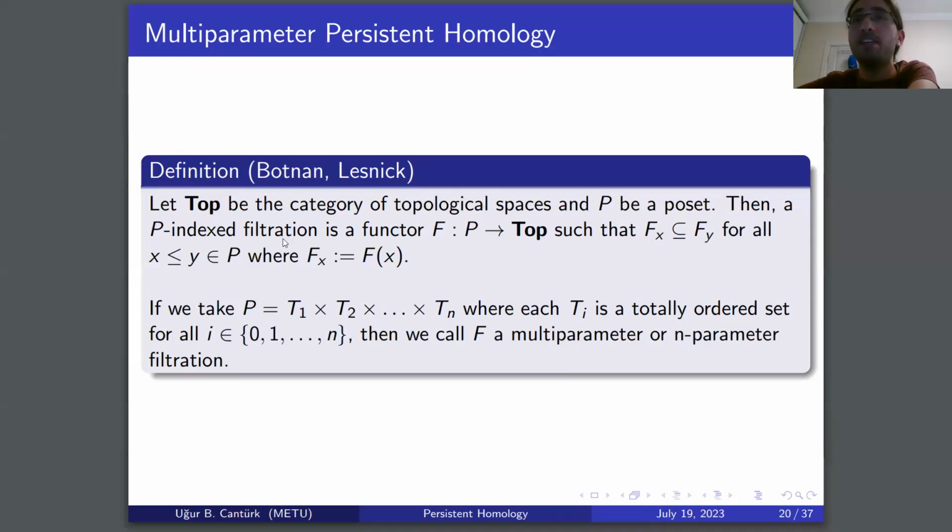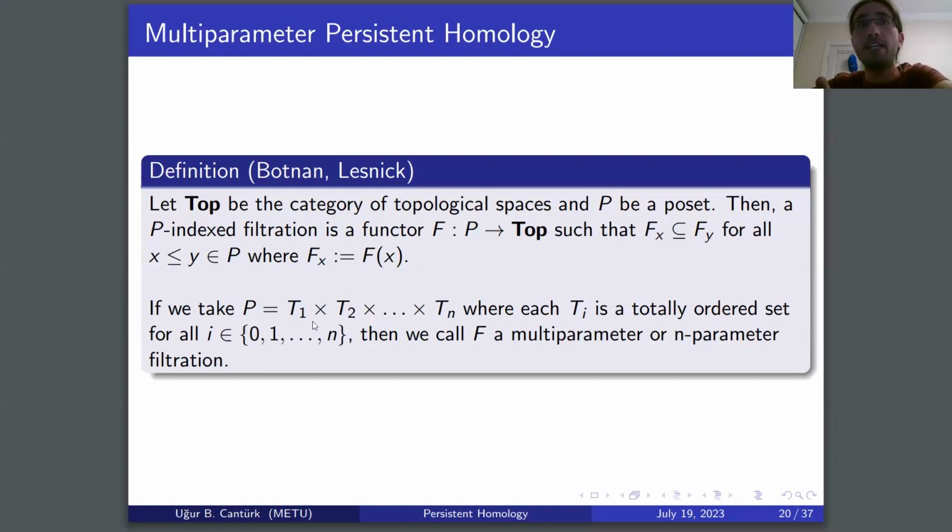Then a P-indexed filtration is just a functor from P to Top. And here, if x is smaller than y, then the corresponding F_x will be smaller than or equal to F_y, actually a subset of F_y, as you can see. So again, if the index in your poset gets bigger and bigger, then the corresponding topological space also gets bigger and bigger.